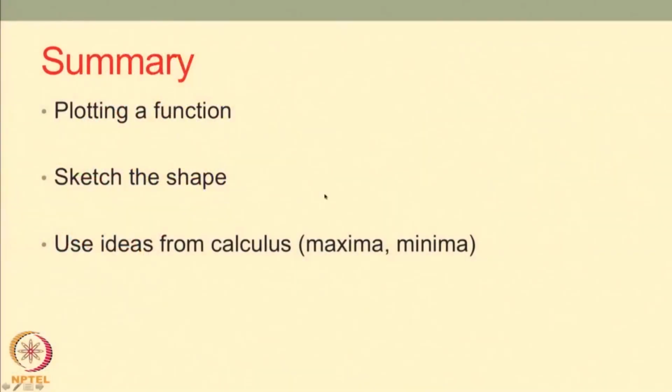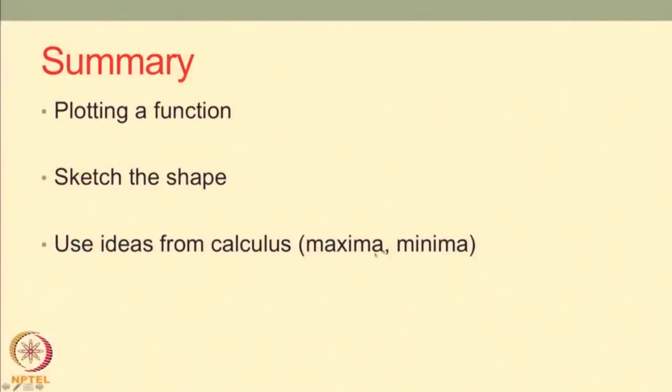To summarize, what we learned is about how to sketch a function, the shape of a function. We may not know all the points precisely, but we would know the rough shape of a function by following this recipe.